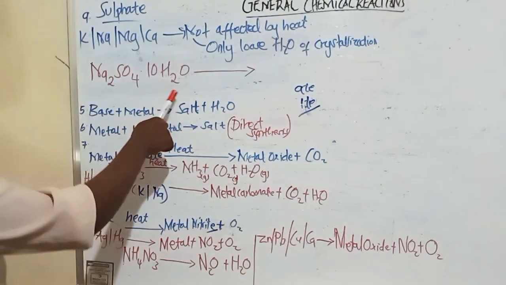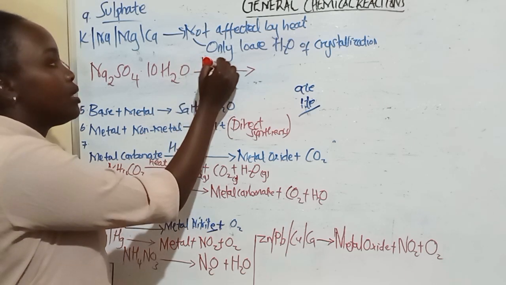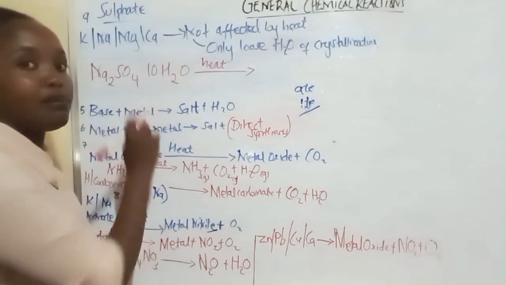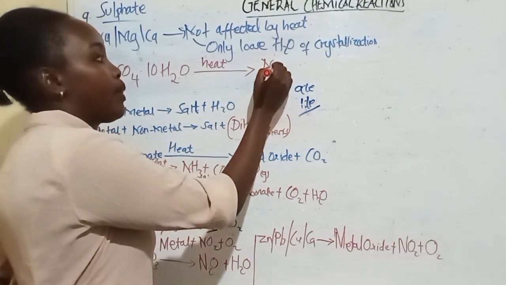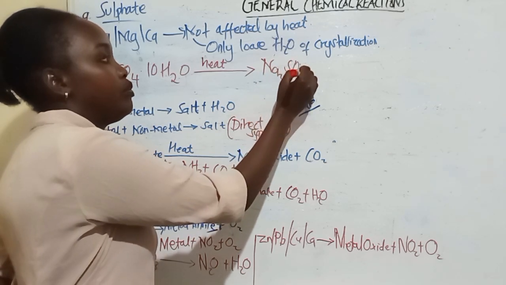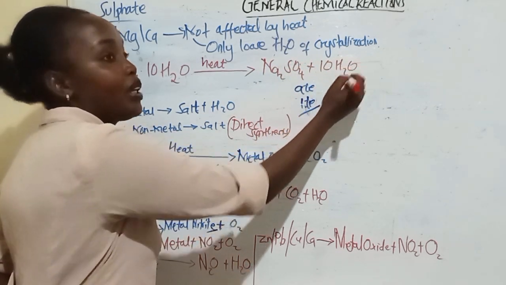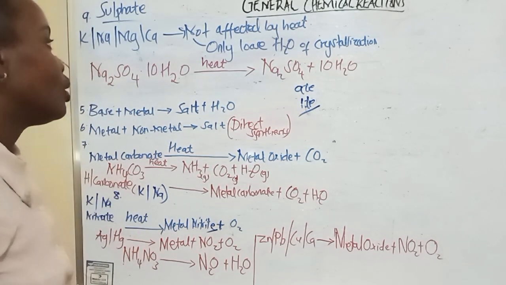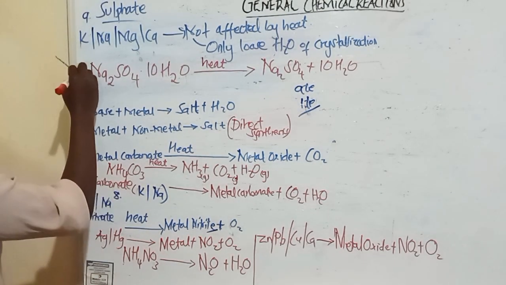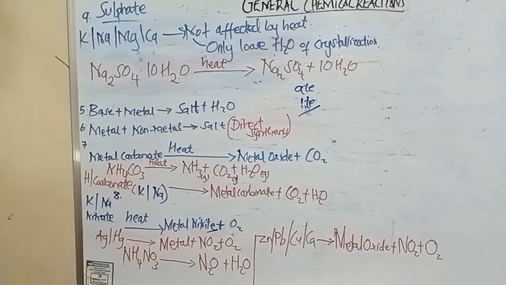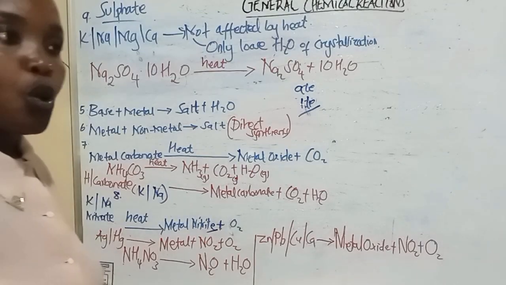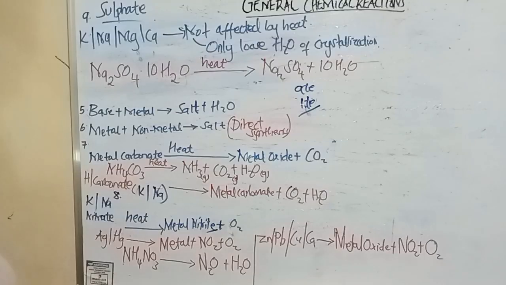In this case, we write heat, and we are going to form sodium sulfate plus the water of crystallization. So these are the general chemical reactions that you encounter. Till next time, bye.